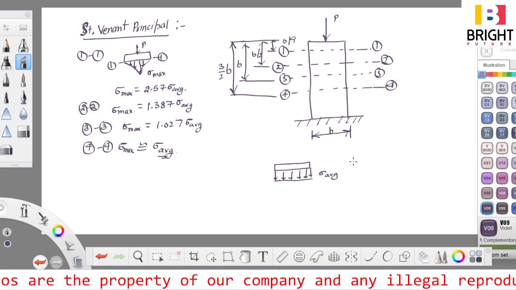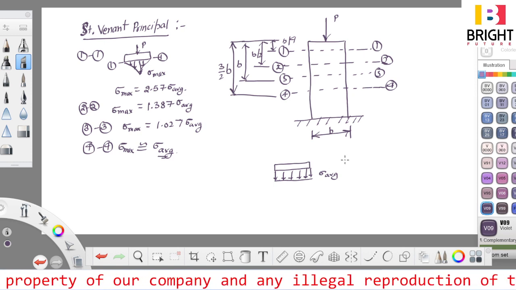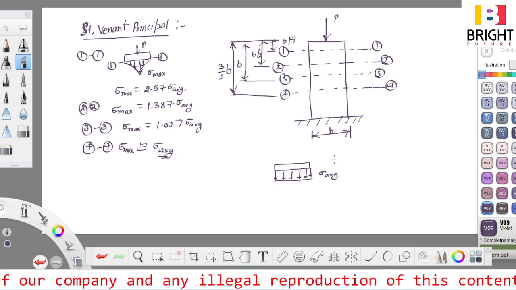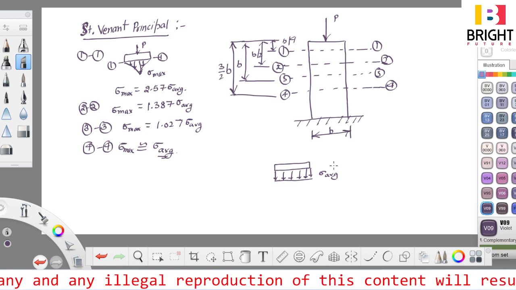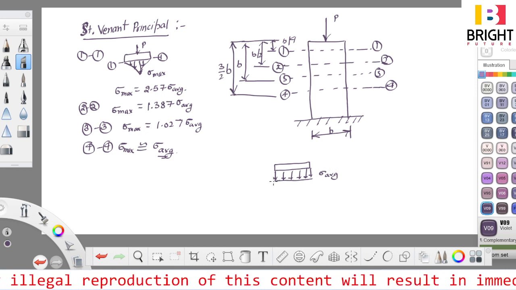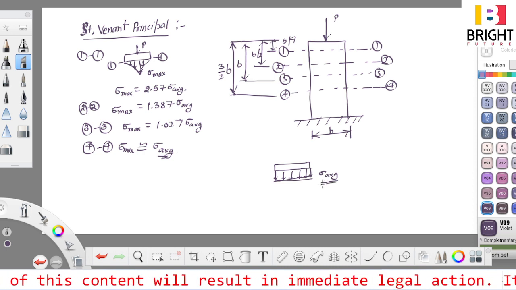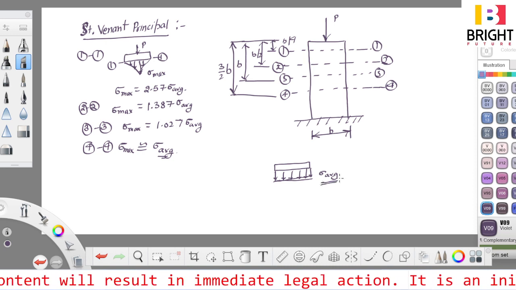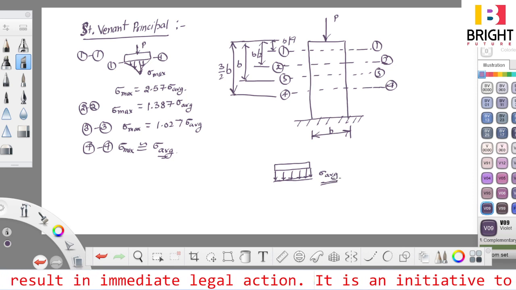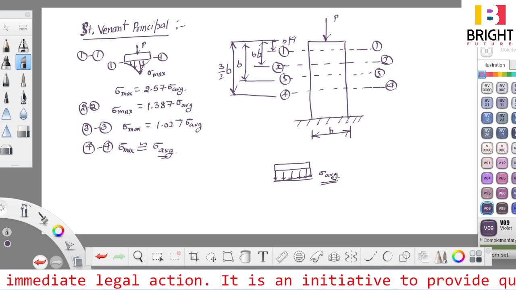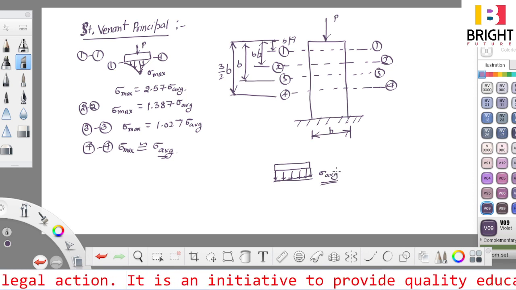Normally, as you must have seen in visualizations of stresses in an element in a section, we assume that the stresses are uniform like this, sigma average. But in actual it is not the case up to a certain distance from the endpoints, that is, the points at which we had applied this load.